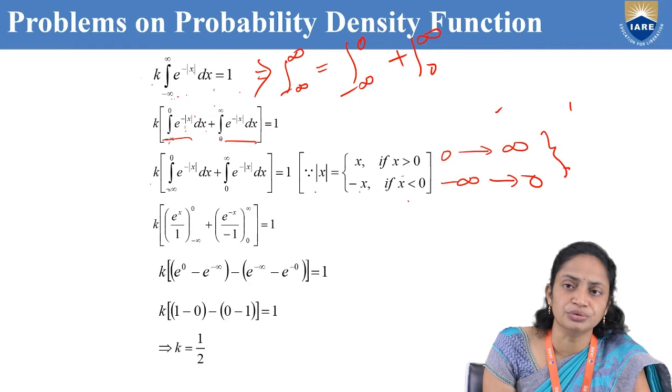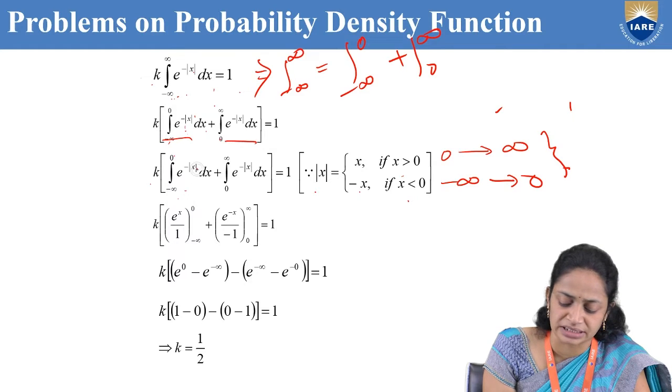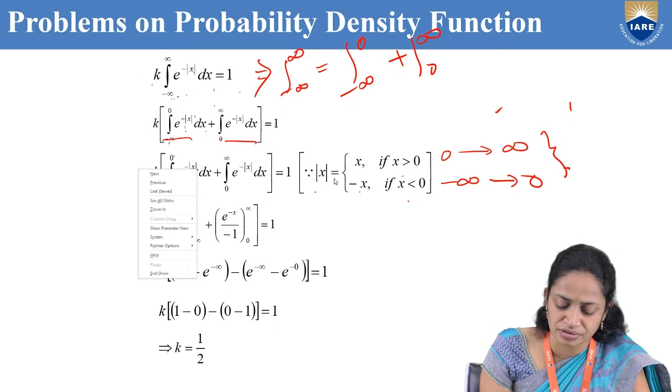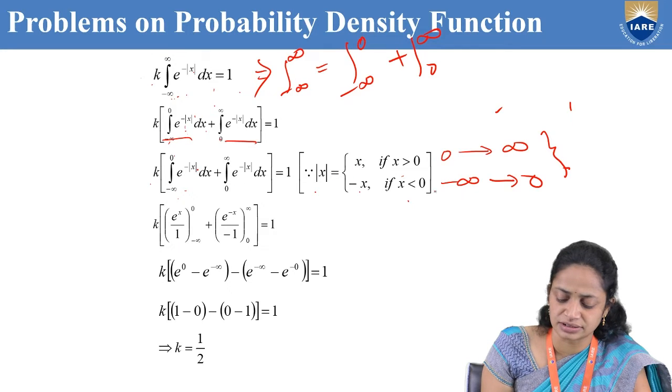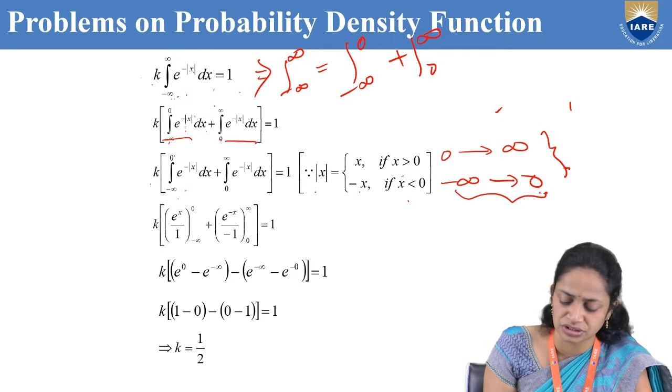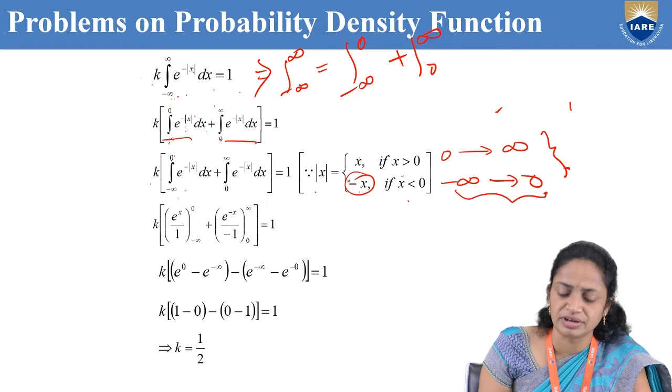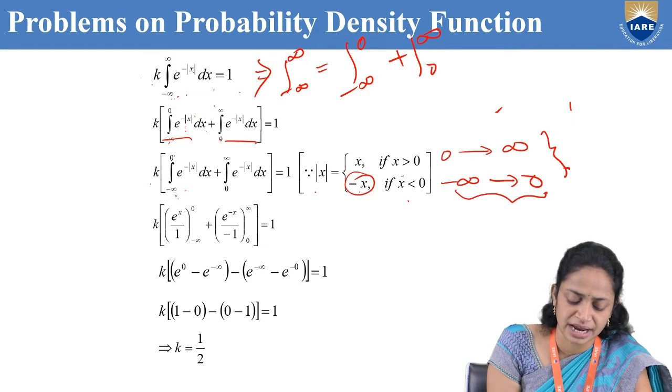So k into integration over minus infinity to 0 e power minus modulus of x. So minus modulus of x means, if the limits are minus infinity to 0, then the function will be e power minus x, right?